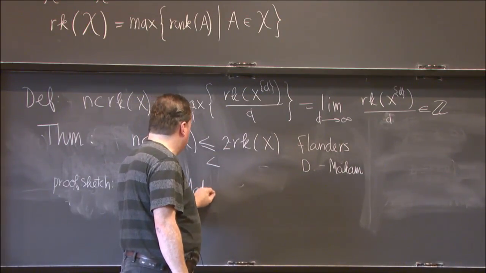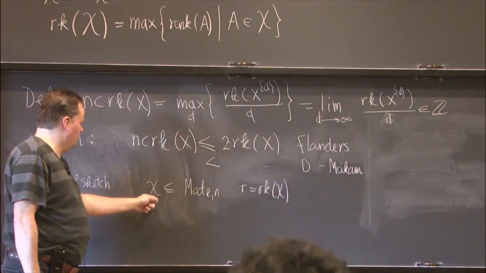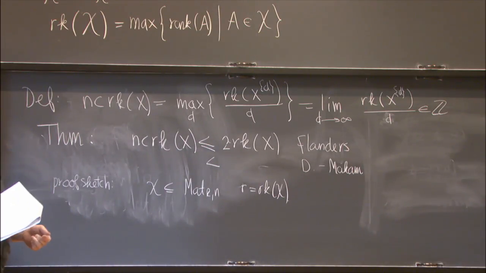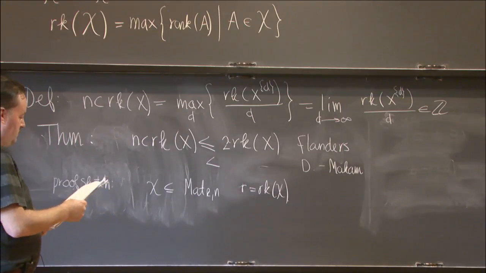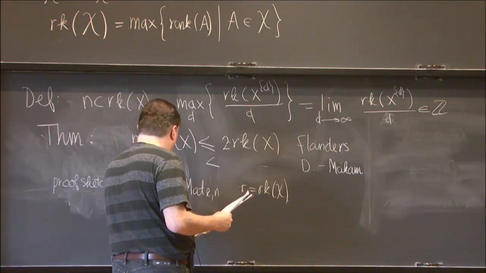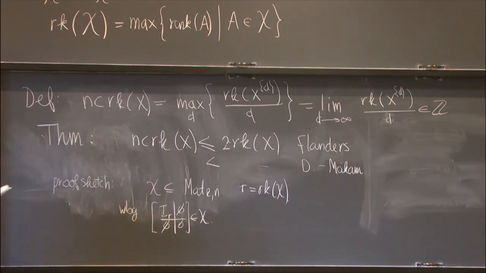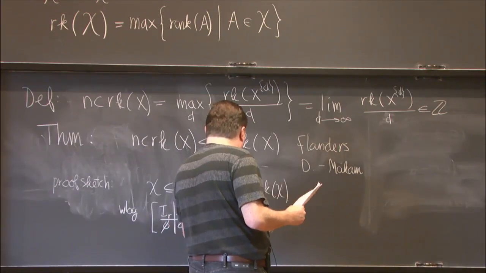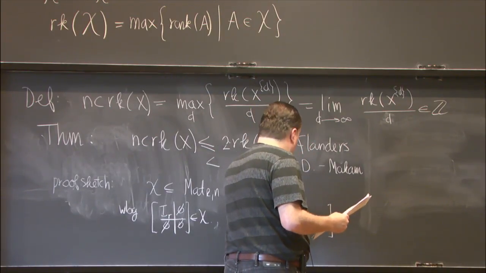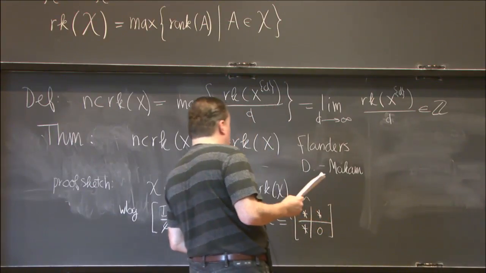Let's say we have some subspace X, and let R be the rank of X. That means all the matrices in here have rank at most R. So we can choose one that has rank R. Doing some elementary row and column operations, we can assume that this matrix lies in X. And this implies, if you think about it, that all the matrices in X are of this form, with R rows and R columns here, or vice versa.